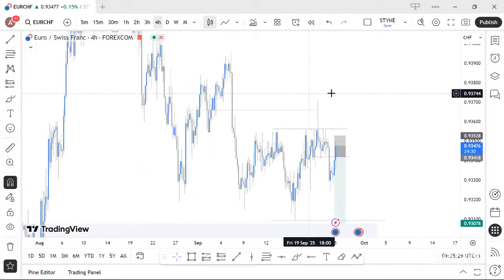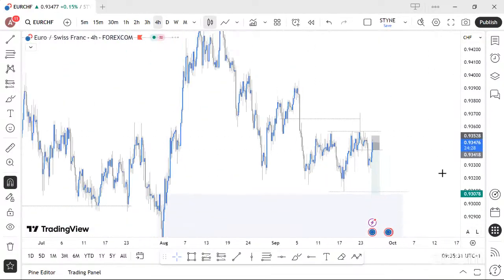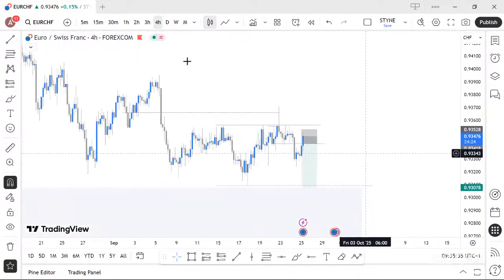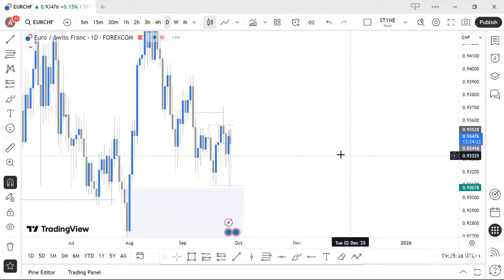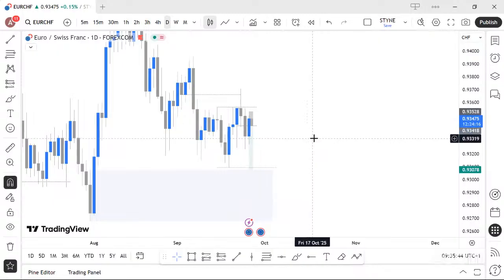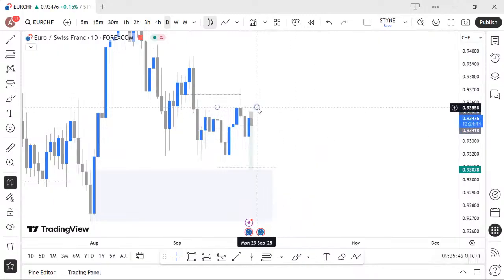All right, so about Euro CHF. We had this side we want to buy from. Then I said that since the daily was coming from a key level here, I just like to draw lines. When we are in a session like this, I like to use the rectangle, but normally I just draw lines.